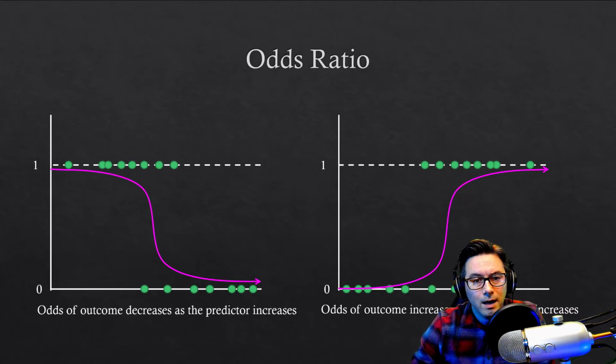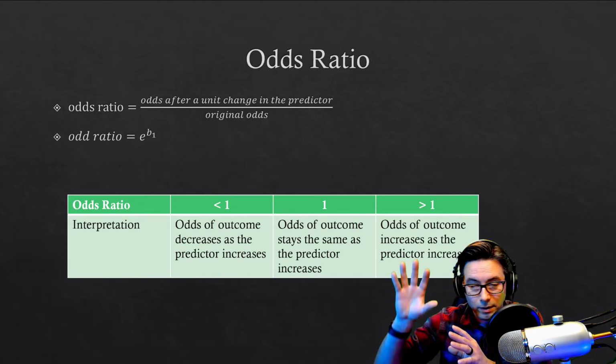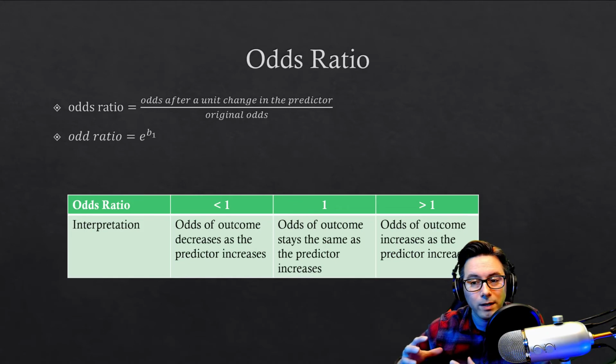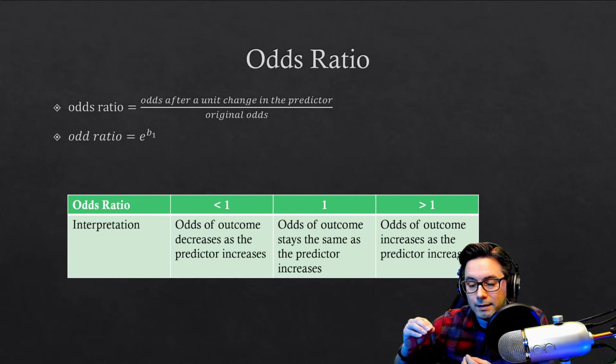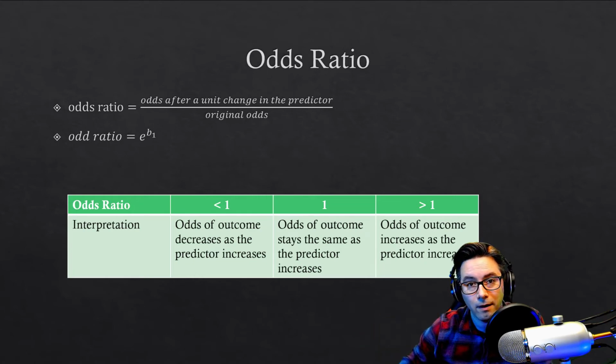Now, the odds ratio is talking about the effect size. And there are a couple of different ways that you can calculate it. The text goes through the basics of what's going on, but really the way that you calculate it, as I showed you, is that we take that coefficient and put it to the power of e, that Euler's number.